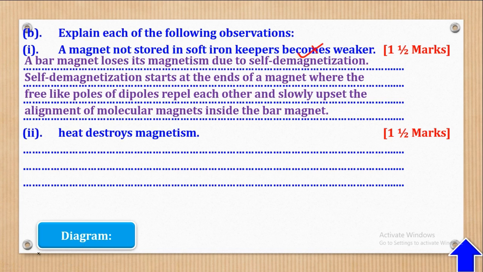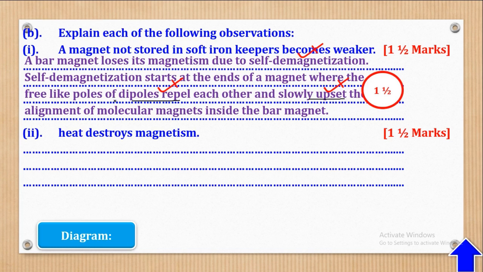So that explains why it becomes weaker. Therefore, half a mark for self-demagnetization, half a mark for dipoles repelling, half a mark for slowly upsetting the alignment. So that is how the 1.5 marks would come about.